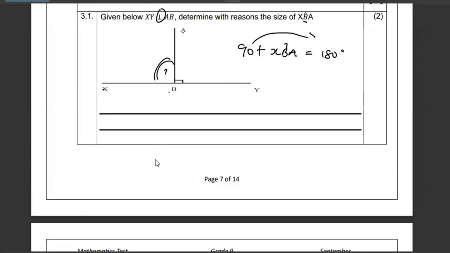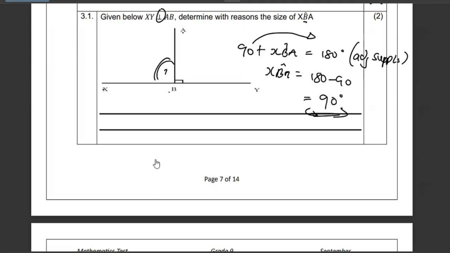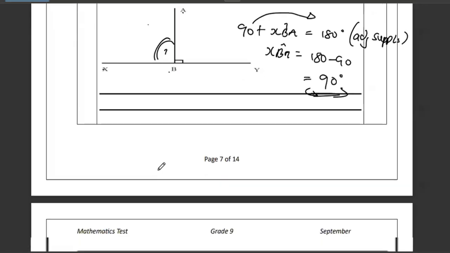Then let's move this 90 that side. Remember, the reason is going to be adjacent supplementary angles. So XBA is going to be 180 minus 90, which becomes 90. Okay, that's how we would have answered 3.1.